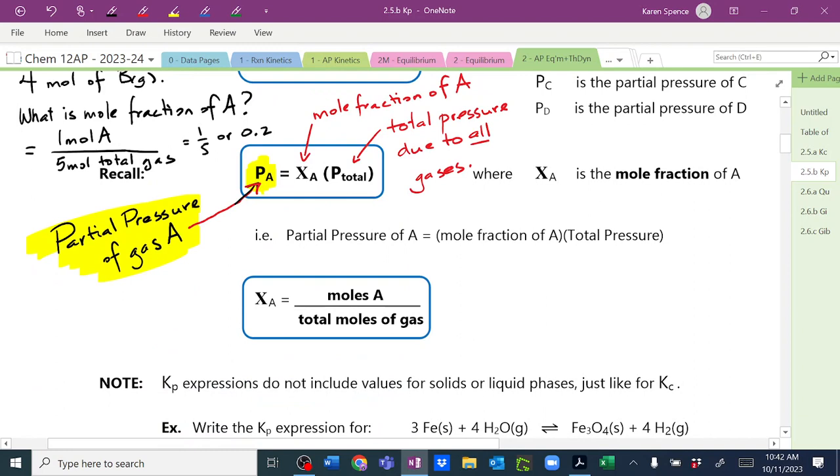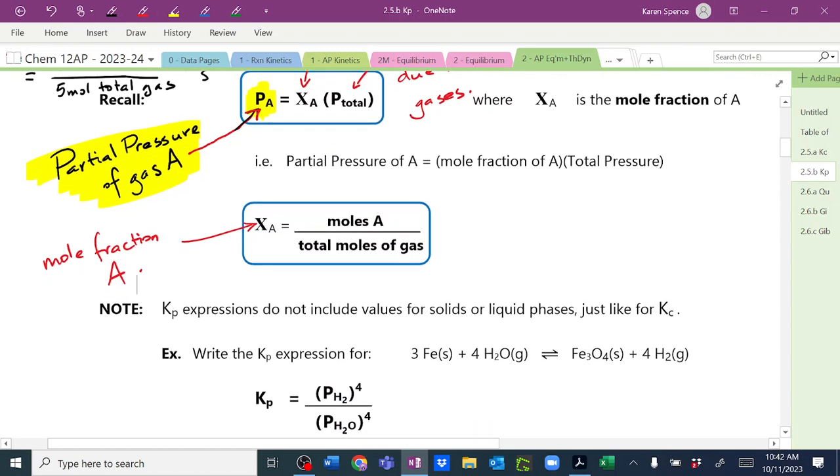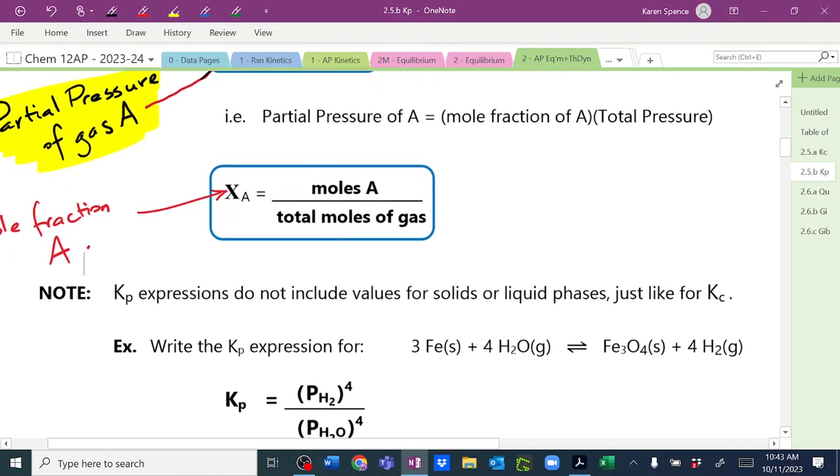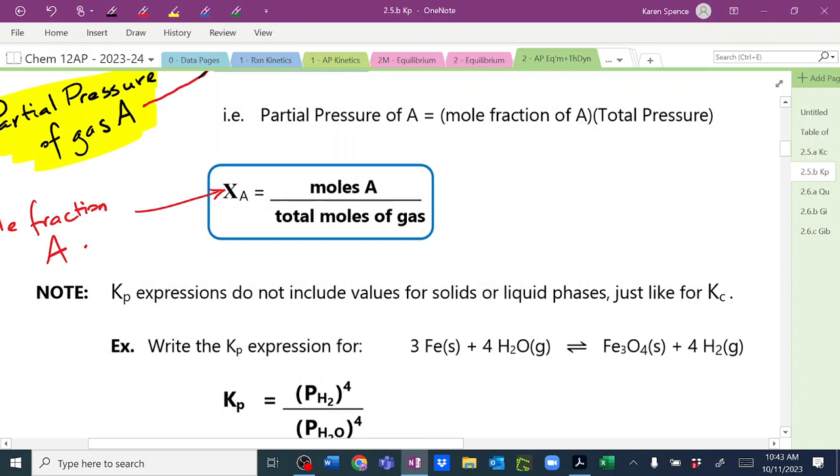And we have our mole fraction of A. We've just got the formula here. So we'll be playing around with these values in the context of finding equilibrium constants. So Kp expressions, just like Kc expressions or Keq expressions, what's the difference between Kc and Keq?